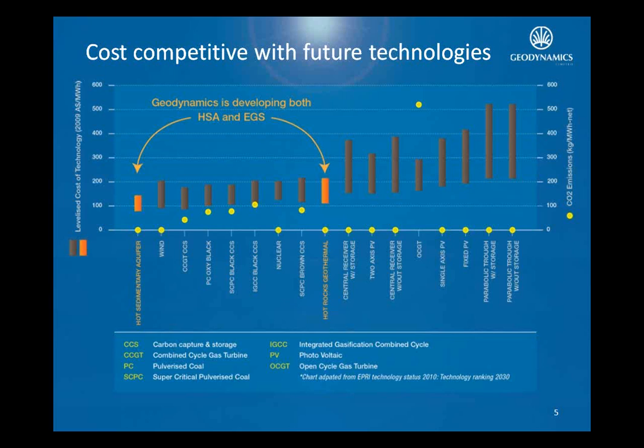And there are lots of bars in there for CCS, carbon capture and storage technologies, that just like geothermal haven't yet been proven at a commercial scale. So the basic take from this slide is that if we can prove what we're trying to prove, we believe we can come down a cost curve and be competitive with a lot of other existing technologies, and more competitive with some of the future technologies as we move forward.